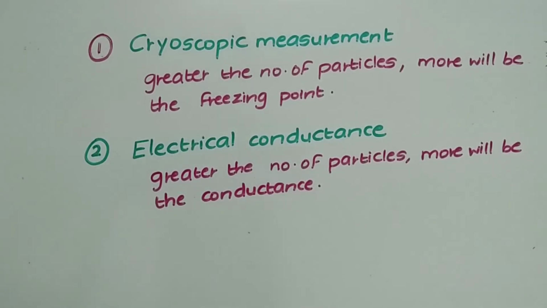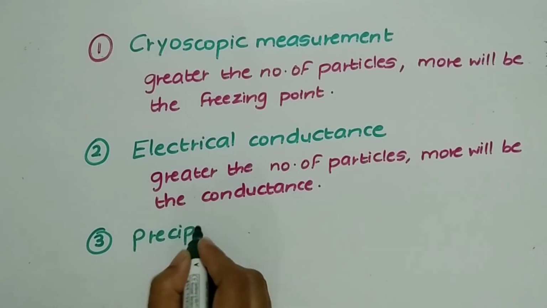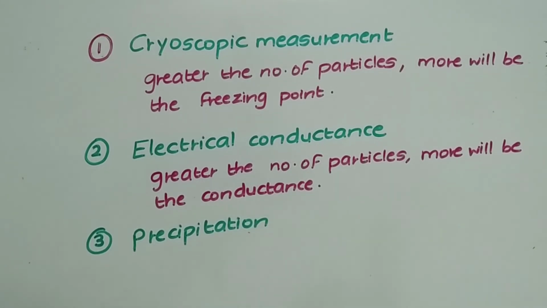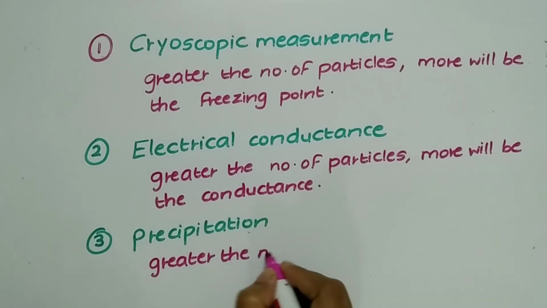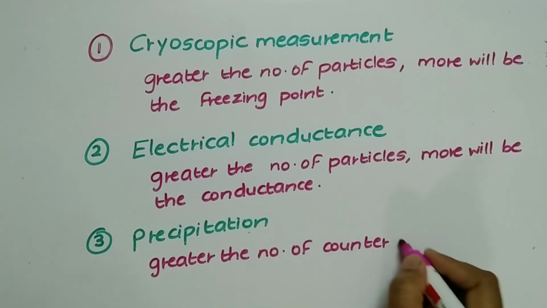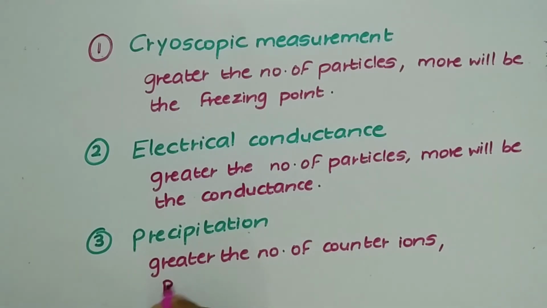The next one is precipitation. So, precipitation, greater the number of counter ions, which are written outside the square bracket, precipitate formation, that is PPT formation, increases.